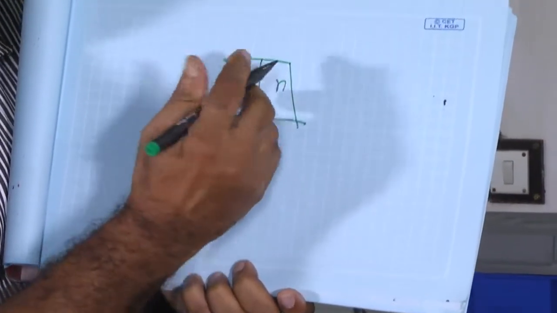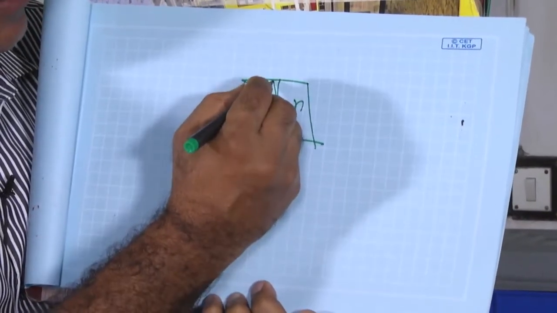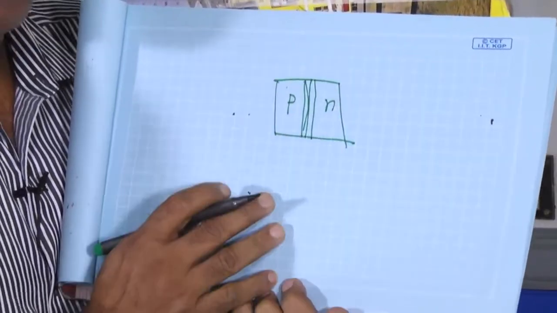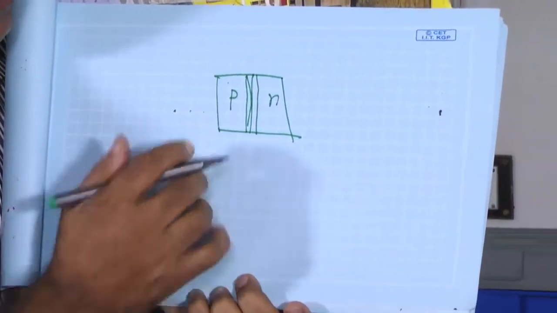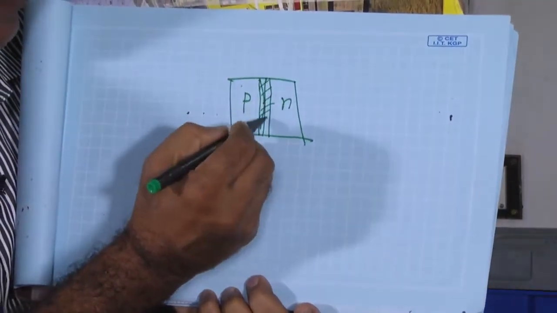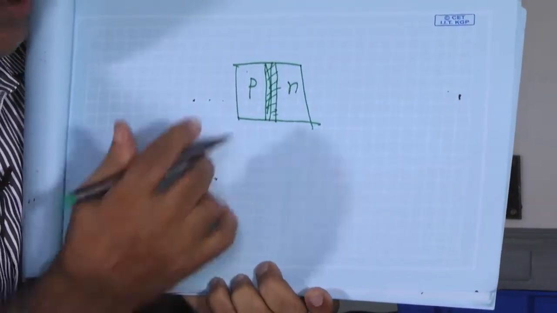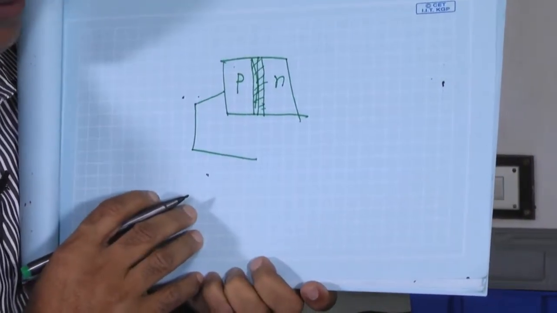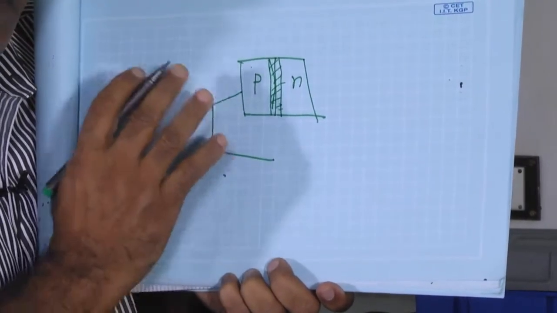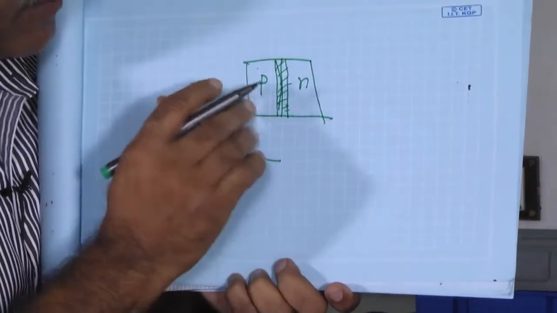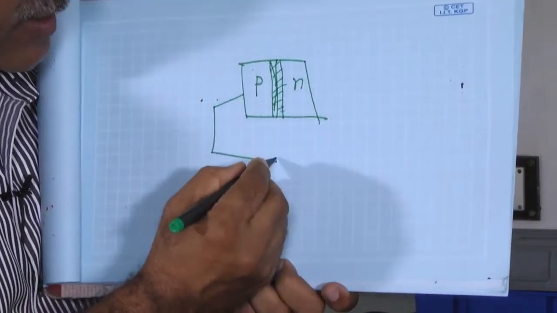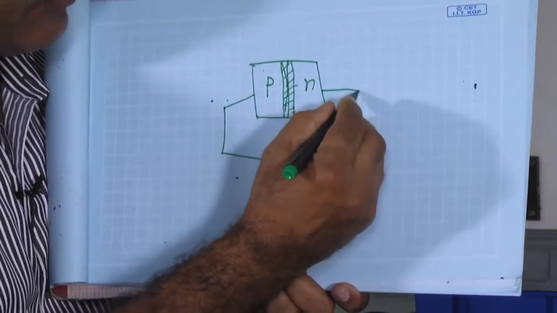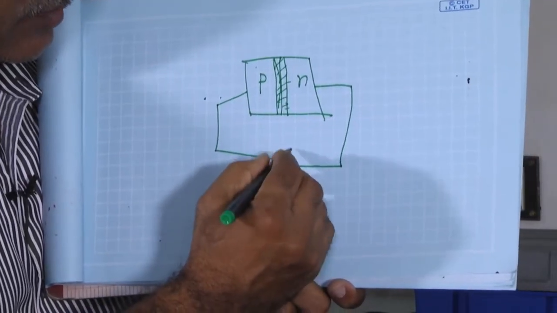Now, there is a depletion layer at the junction. If we apply reverse bias, the P side will be connected to the negative terminal of the battery and the N side to the positive terminal.